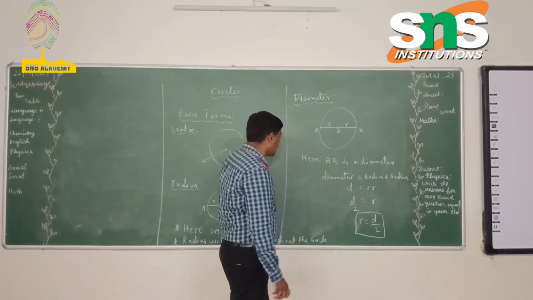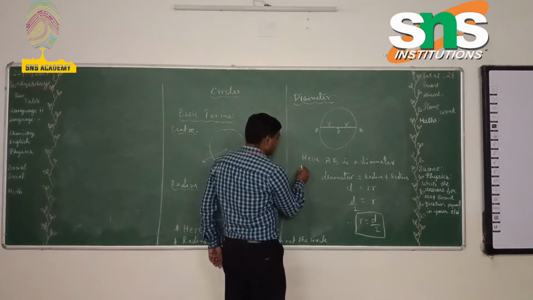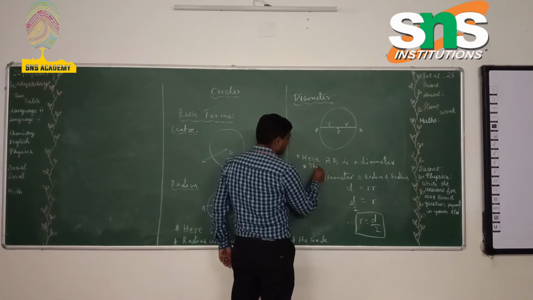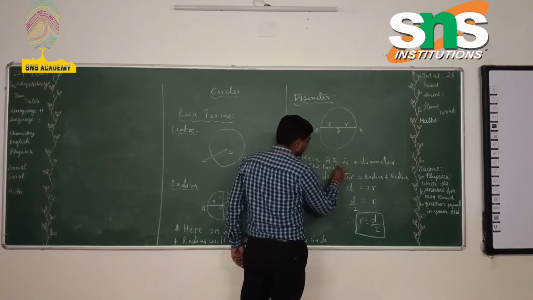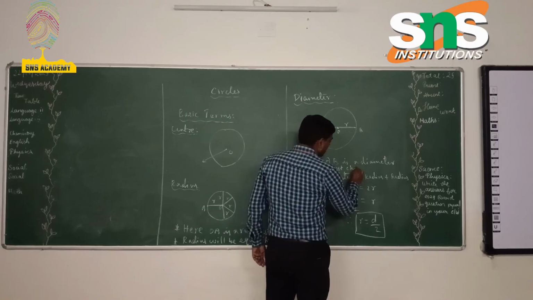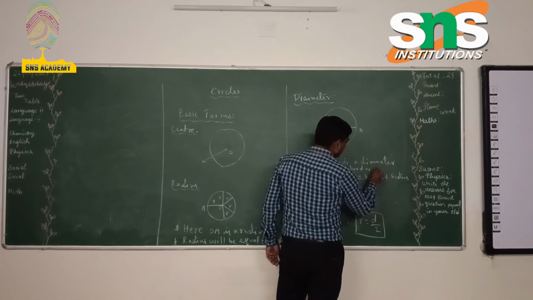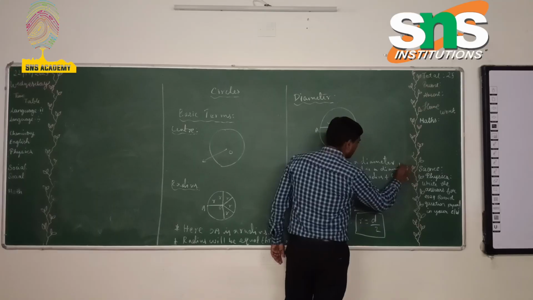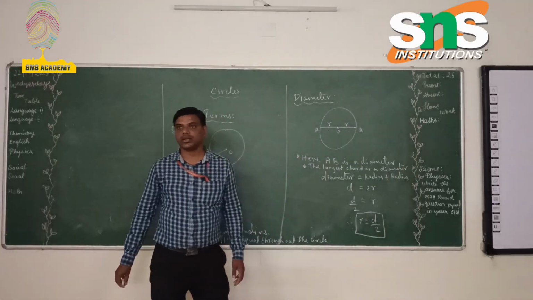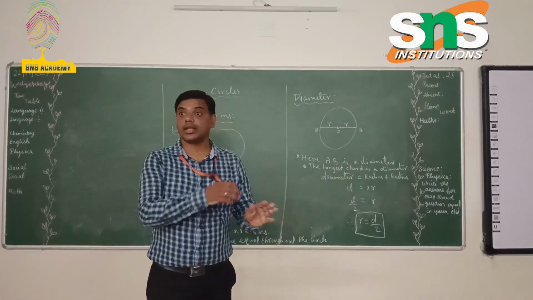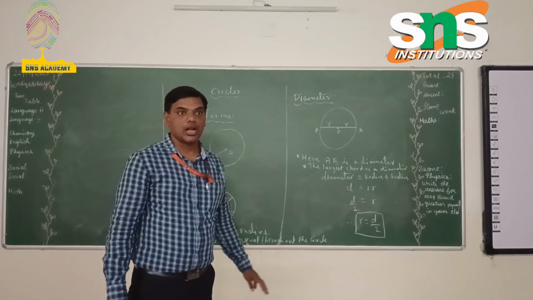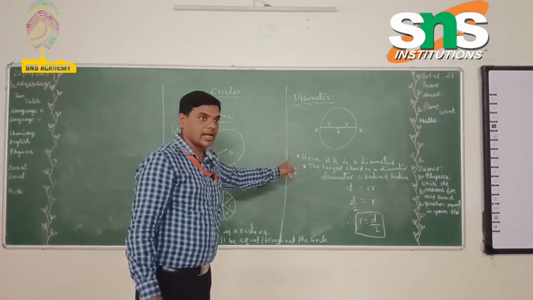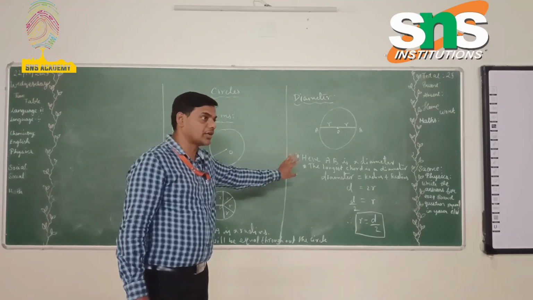And one more point: the longest chord is called the diameter. Which is the longest chord? Diameter is the longest chord. Any doubt about the diameter? We understood how the diameter is obtained and how it is converted into radius?